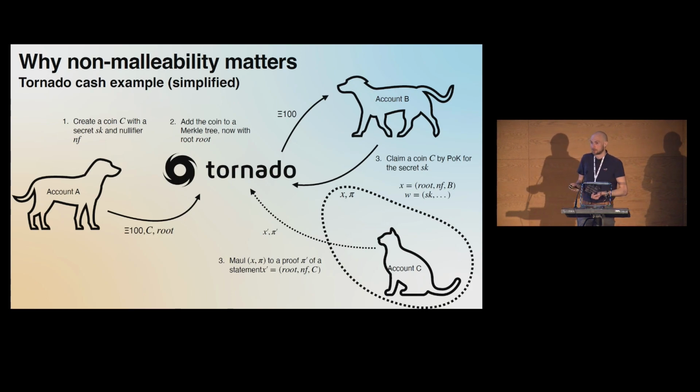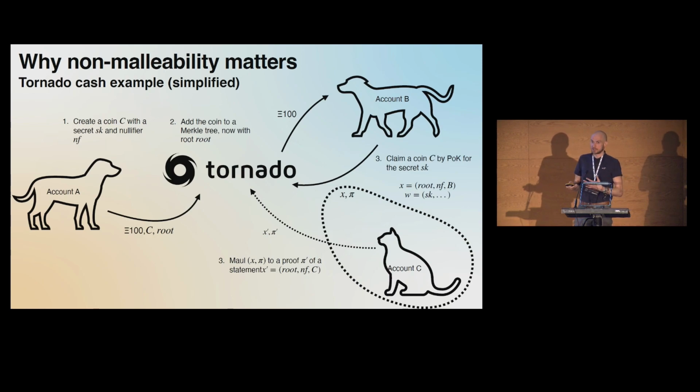In particular, this x' may be a statement with the same root, the same nullifier as in x, but with B substituted by C, right? So this attack would result in account C stealing funds from account B.